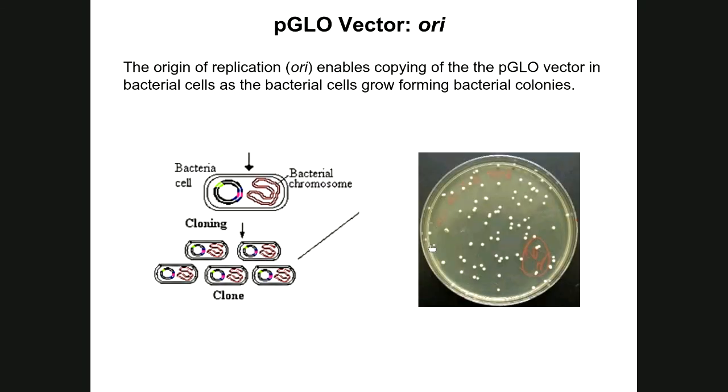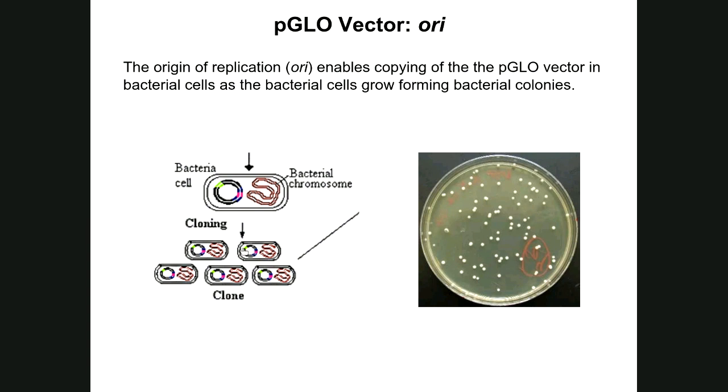The purpose of the ORI, the origin of replication, is to allow the bacterium that you have successfully transformed, by inserting your cloning vector into it, to not only replicate its own DNA when it divides from one cell into two, but also to replicate your cloning vector that contains your gene of interest. Therefore, when the vector is cloned and passed on to two cells, each of these vectors consists of your DNA of interest, so your DNA is also cloned.